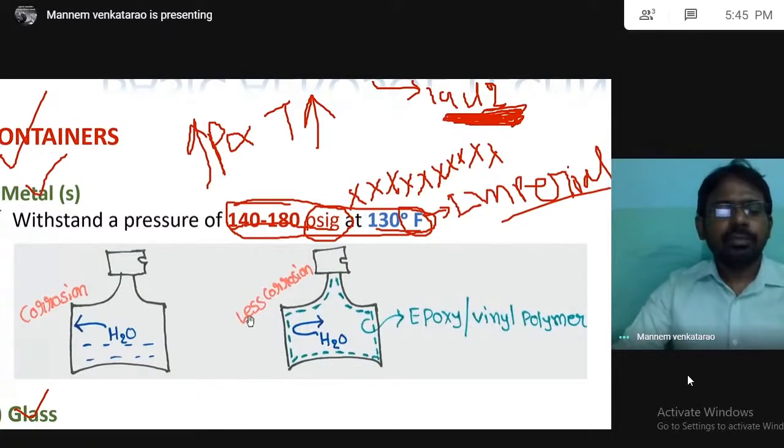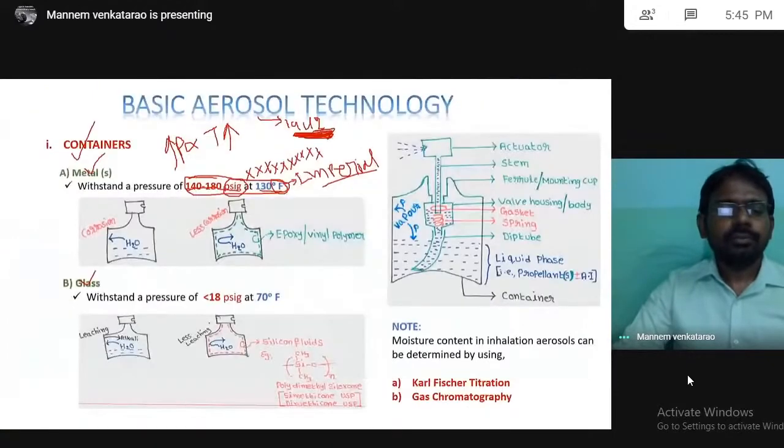In metallurgy, they always use the word passivation. Recently, in some competitive examinations, they are using this word. What is the meaning of passivation?